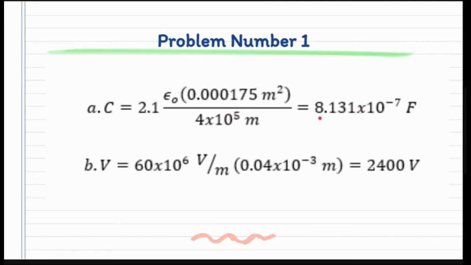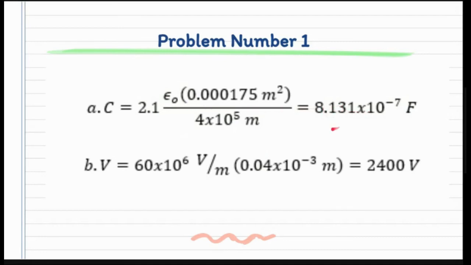So the capacitance is equal to 8.134 in my calculator, because I used the whole value of the permittivity of free space.